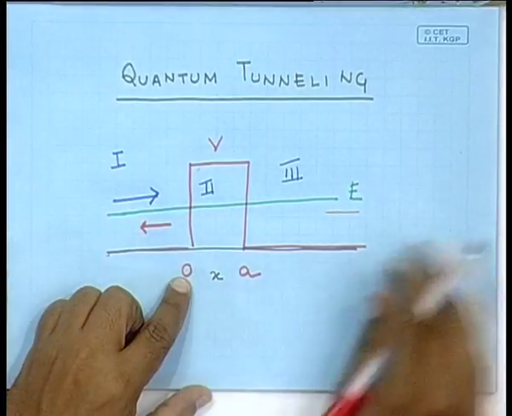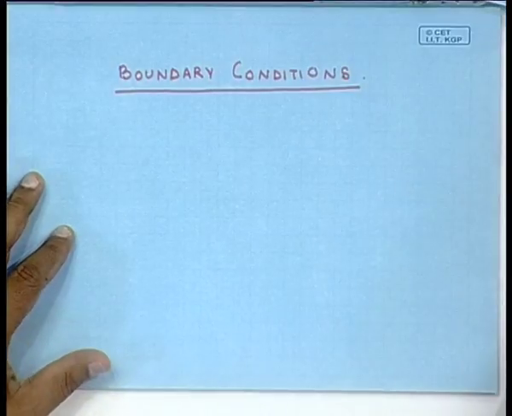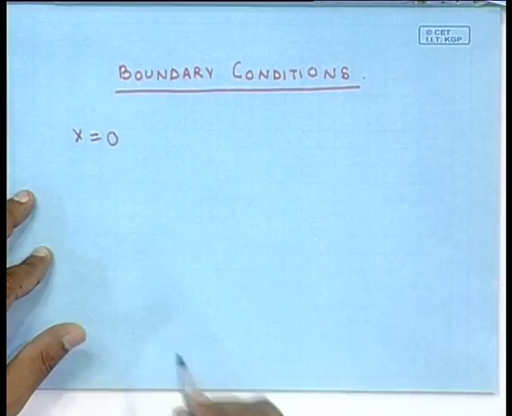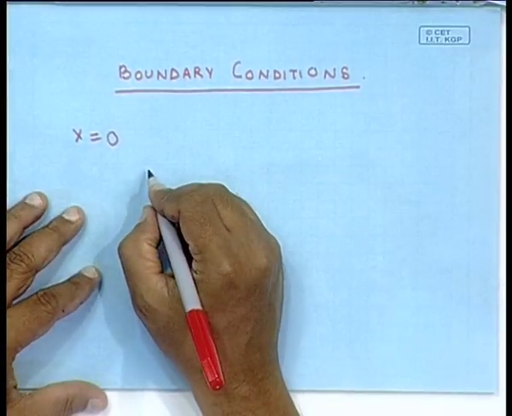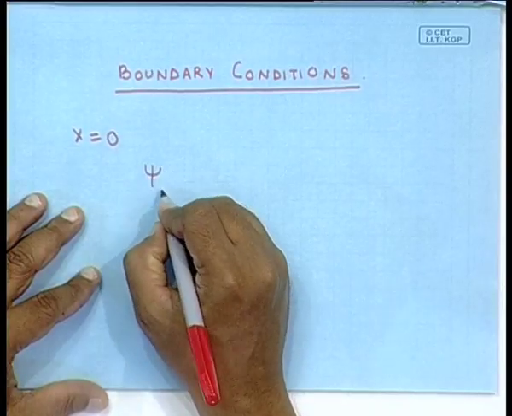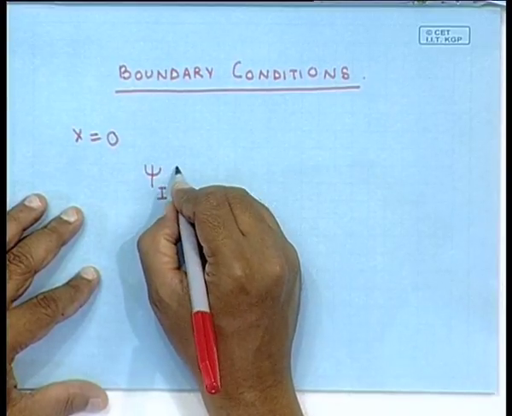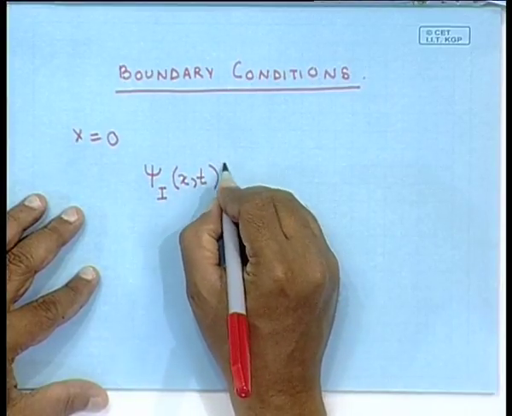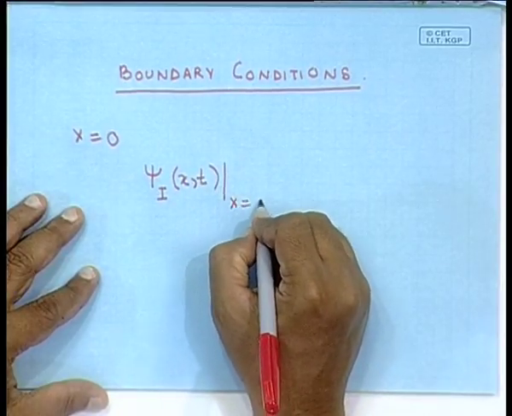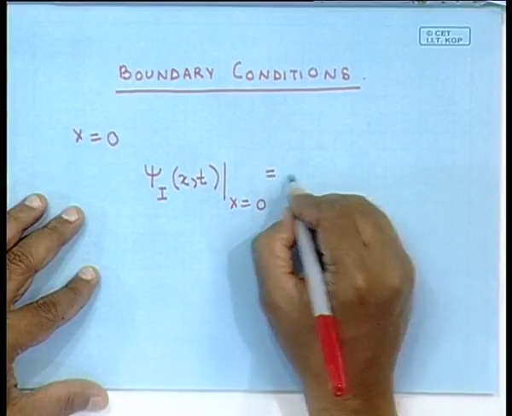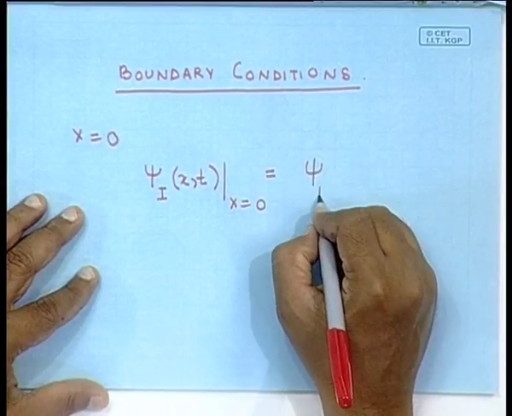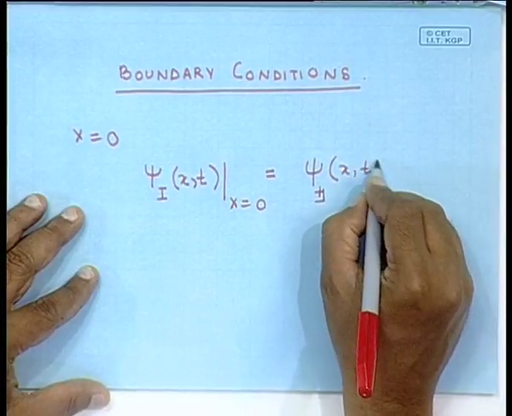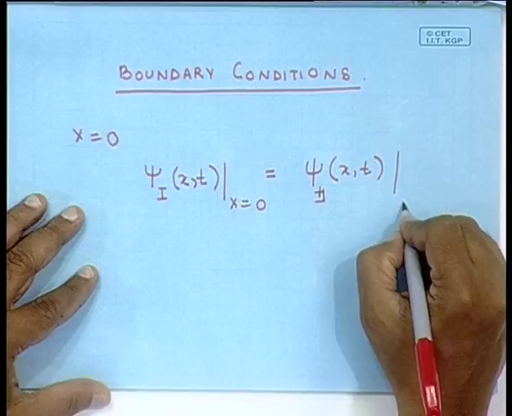So, let us consider the step at x equal to 0, and the value of the wave function on the left hand side, psi 1 at x equal to 0, should be equal to psi in region 2 at x equal to 0.